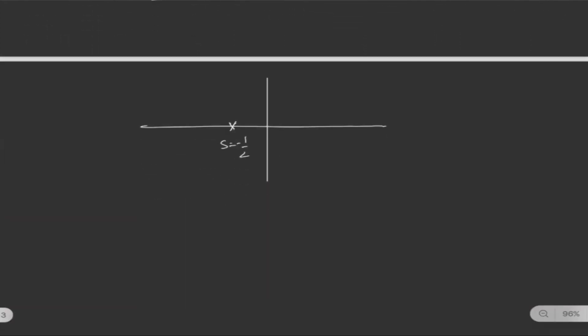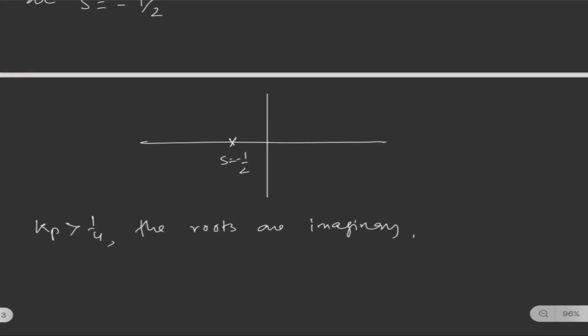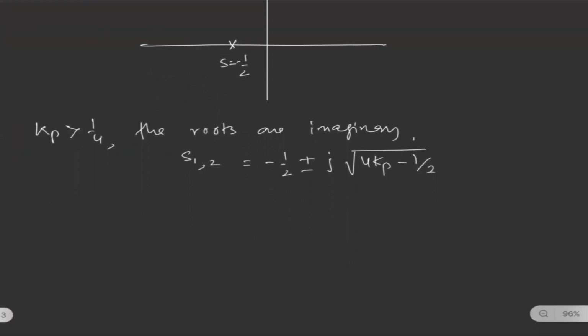So now, if you assume Kp is greater than 1 by 4, the roots are complex. How? If Kp is greater than 1 by 4, we have two poles which are -half plus minus j root over 4 Kp minus 1, divided by 2. In this case, the real part is -half.